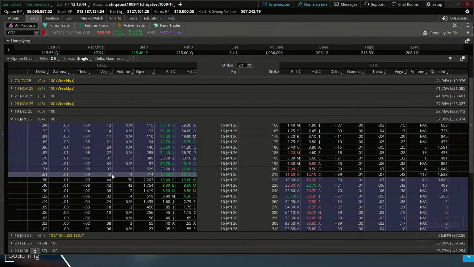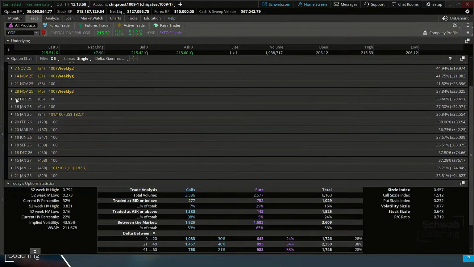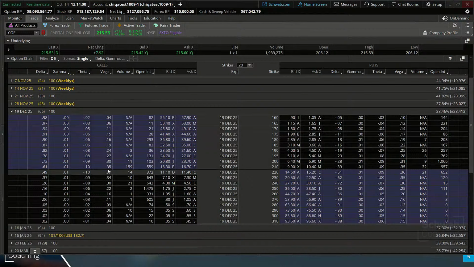And that's typically not something that you see with a stock. Typically, they're going to have a lower sensitivity to implied volatility there. But let's take a look at this 19th of December in this case. So it's a little bit lower. We can also take a look at a couple other factors here when choosing a strike price.